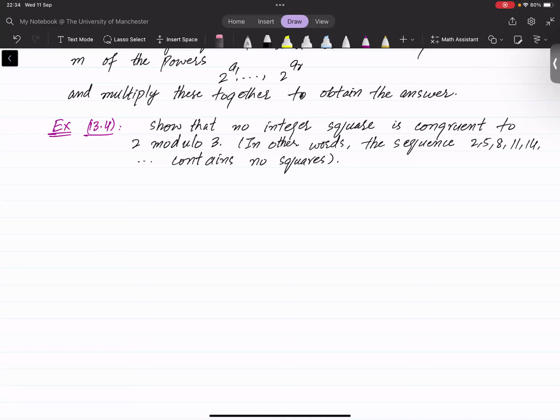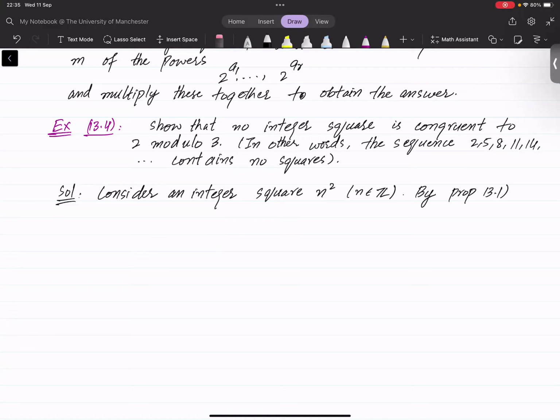Okay. Solution. So consider an integer square n square, where n is an integer, and by proposition 13.1, n is congruent to 0, 1, or 2 modulo 3.